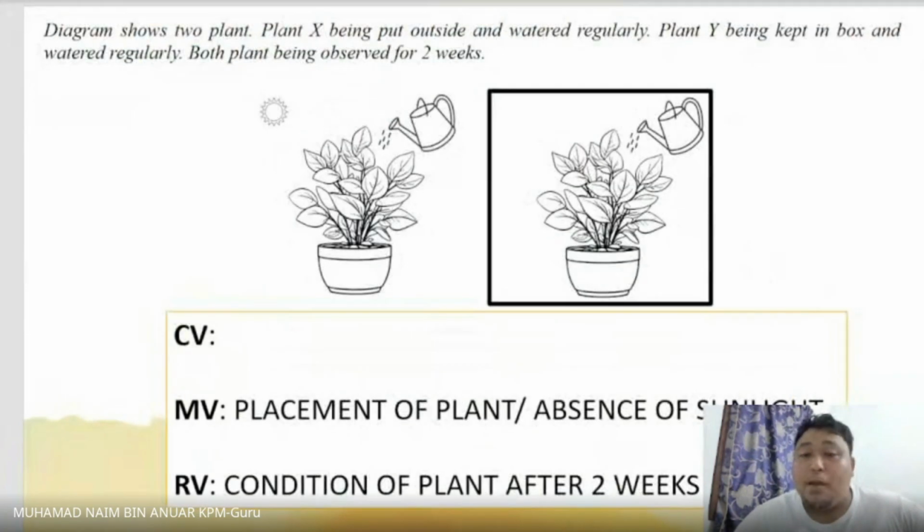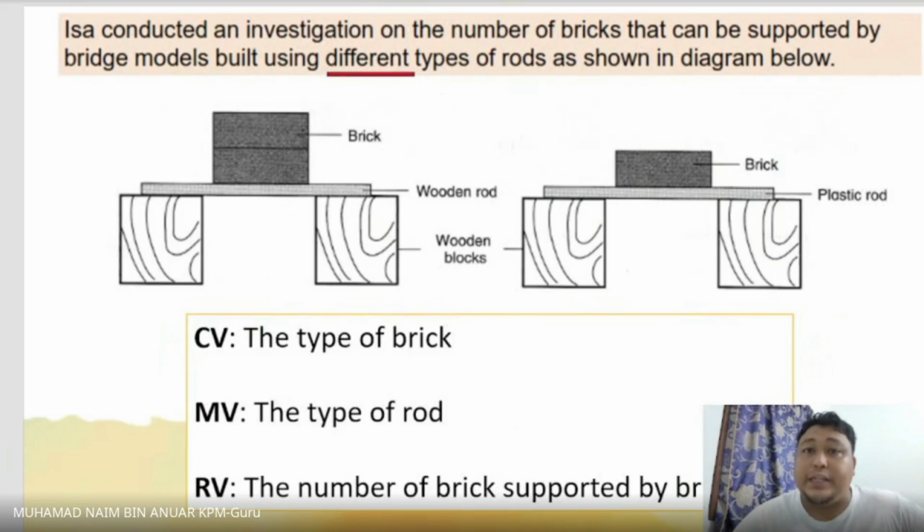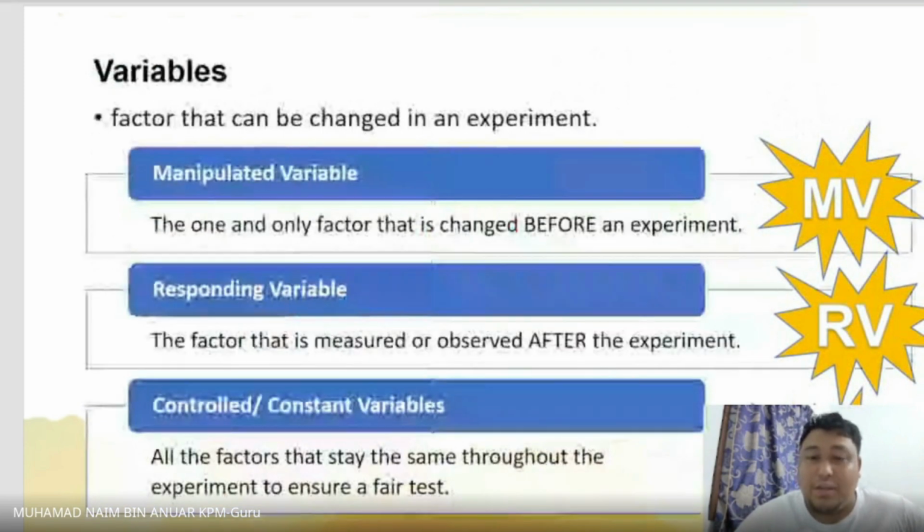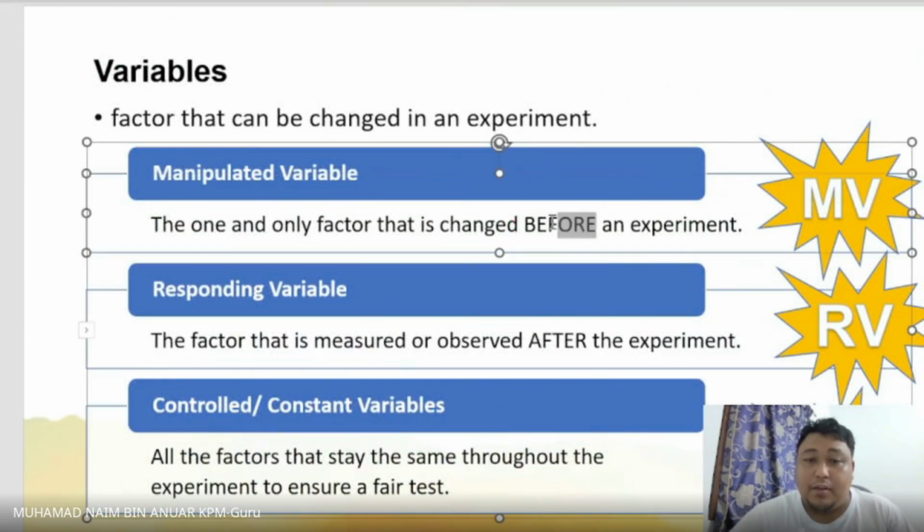One plant you put outside, one plant you put in the box. That is the manipulated variable, meaning it changes before the experiment. Remember the word before. Before an experiment.